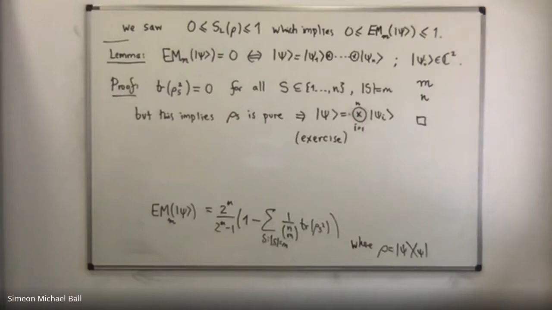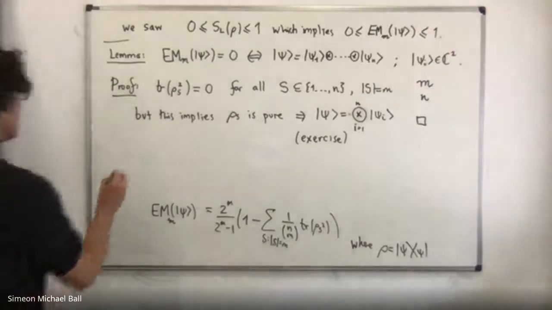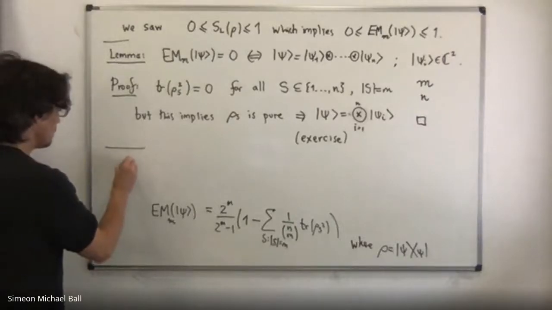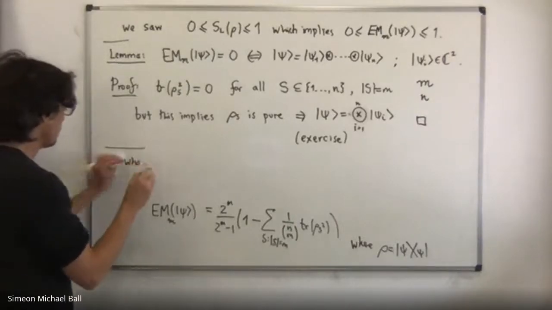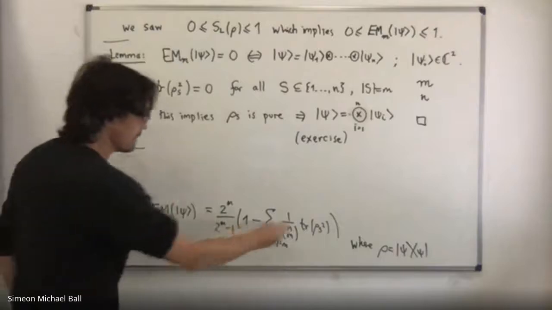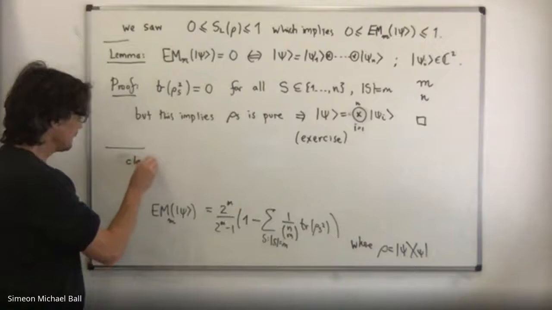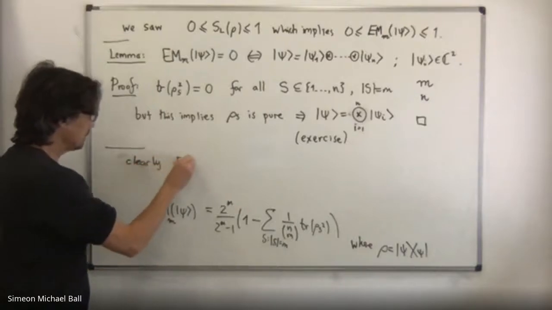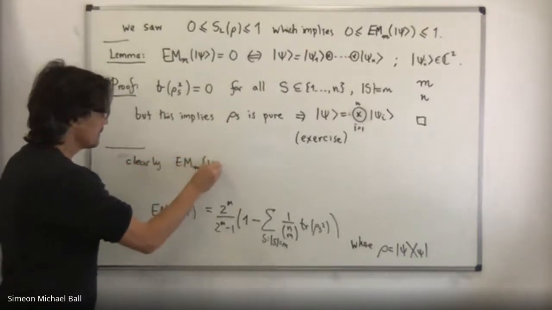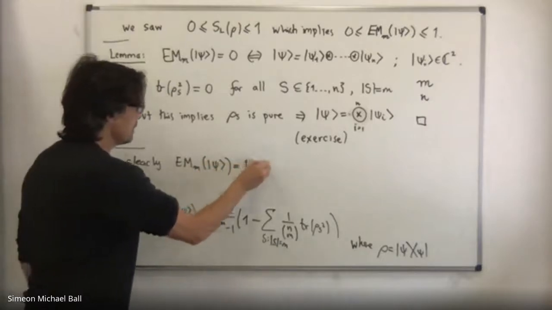What happens when EM is 1? So clearly, I say clearly, this average is going to be 1. So clearly, EM is equal to 1.